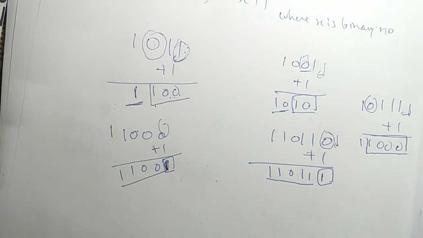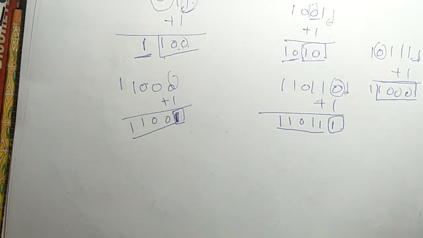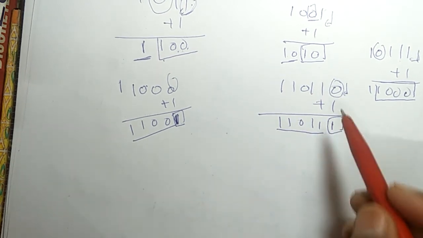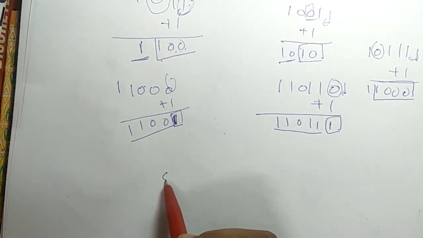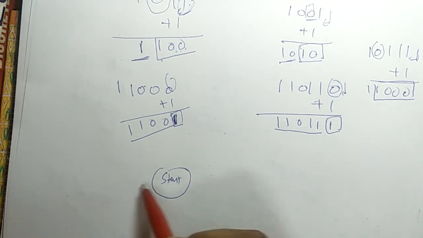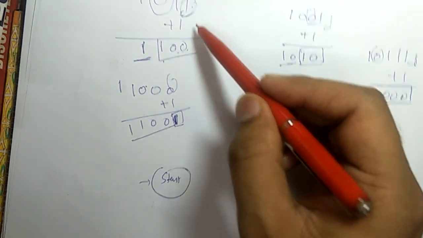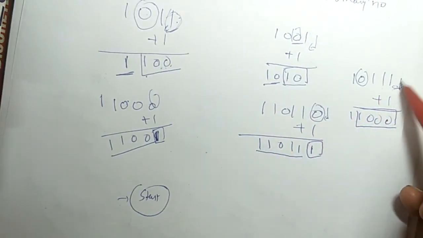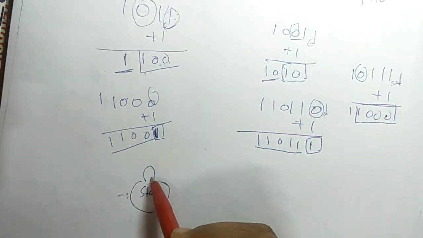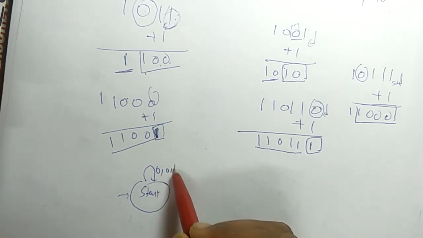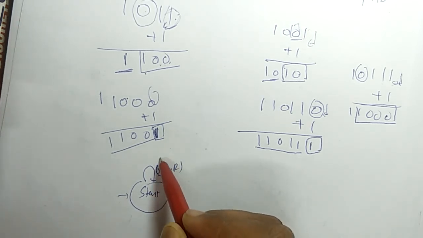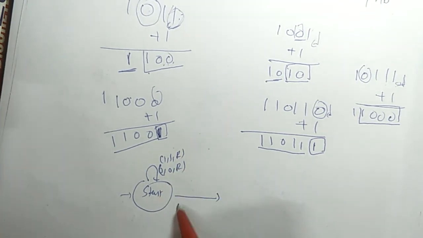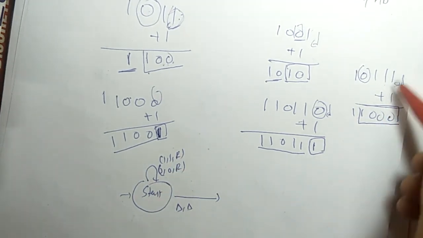So what we need to do, we have to find the very first 0 from this corner. So from the start state, first you need to reach the right corner. If you get 0, leave it 0, move to right. If you get 1, leave it 1 and move to right, and you reach the rightmost corner.